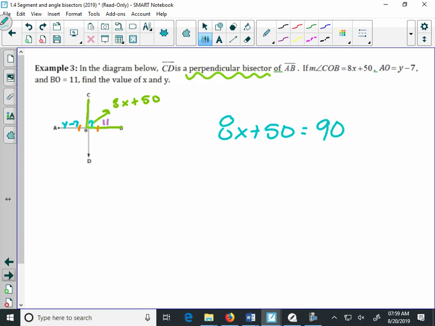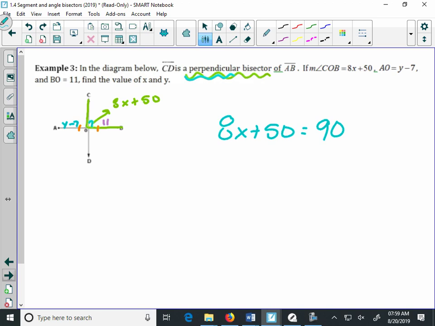So 8x plus 50 equals 90. If we were told that was a 30-degree angle, you would say 8x plus 50 equals 30. Okay? But we were told that it's 90 because we had that word perpendicular. So we know all those angles are right angles by knowing what perpendicular means. That's why it's really important to know that vocab. It helps you set up these equations.